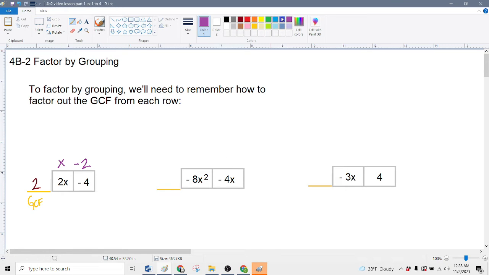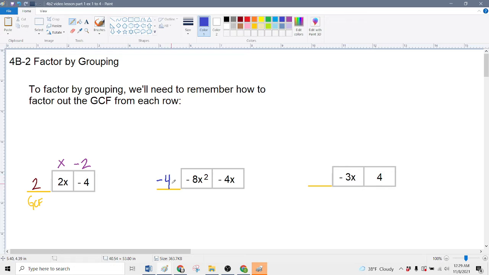Let's take a look here at the next one. We've got a negative in that box right by our row header, so we'll pop it out here, okay? And that means our GCF is going to be a negative. Both of our terms are negative. This 4x, look, it is a factor of 8x squared.